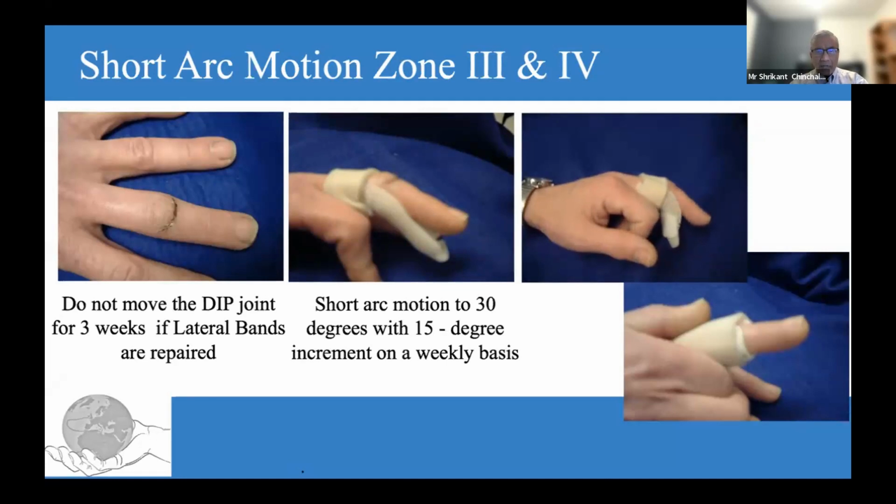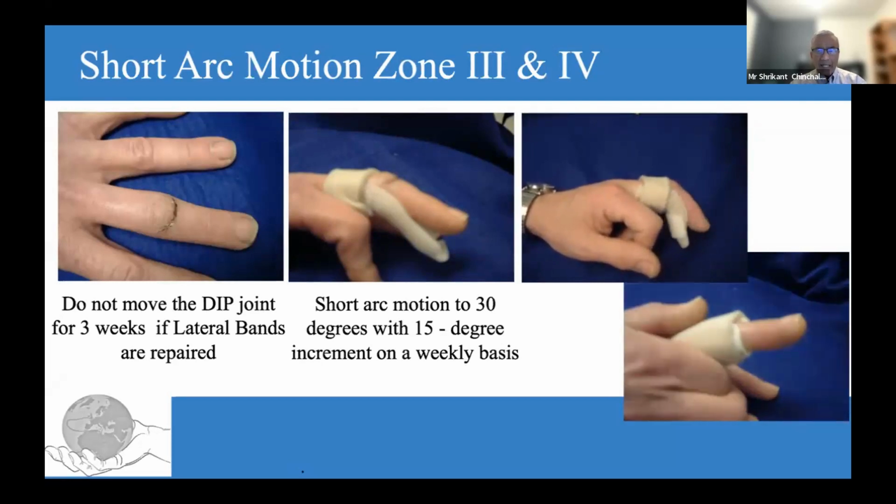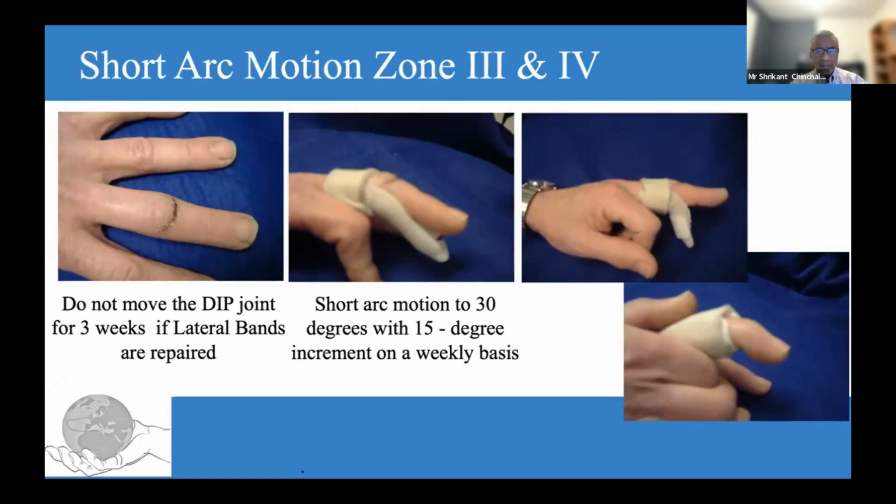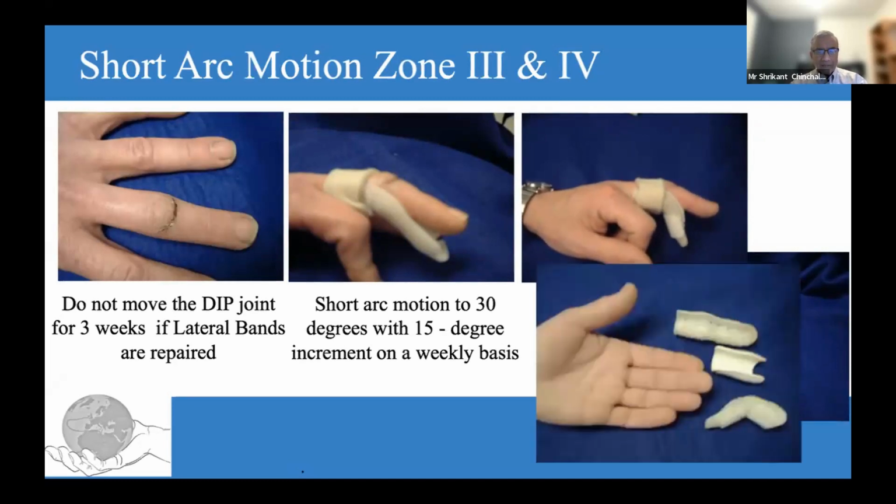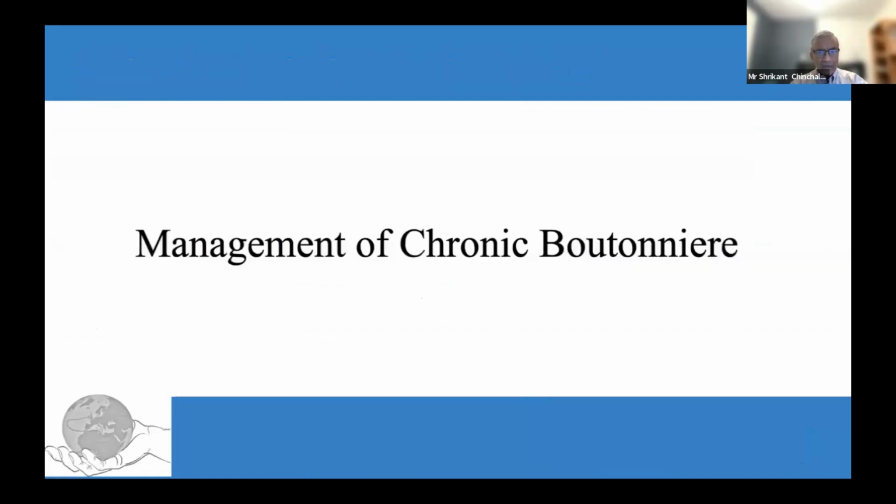And then, of course, if it's only the central slip and not the lateral bands, you gradually allow an increased amount of motion of the PIP and DIP. And then, of course, DIP joint flexion with the PIP joint held in neutral. So patients may require different types of exercise splints as well as template splints for them to successfully follow this short arc of active motion program following a repair of zone 3 as well as zone 4.